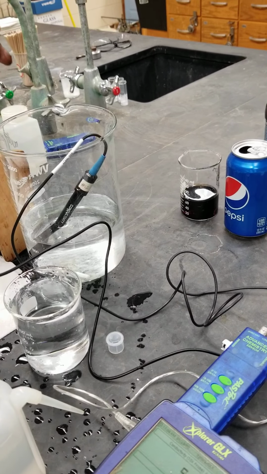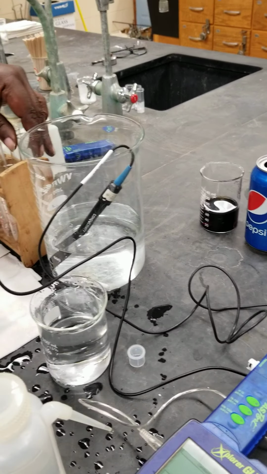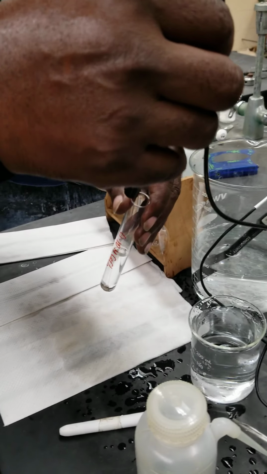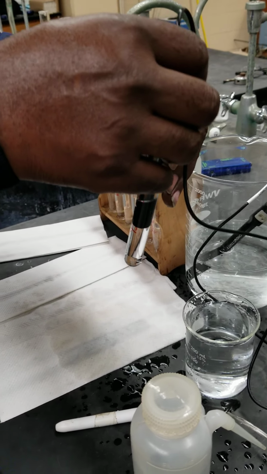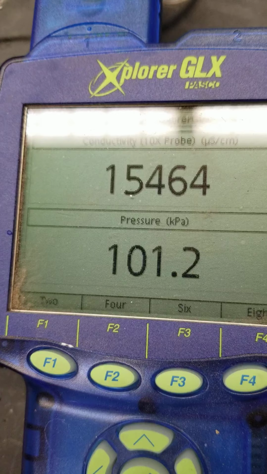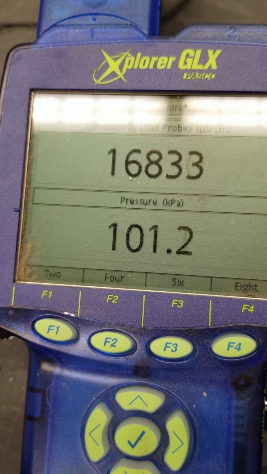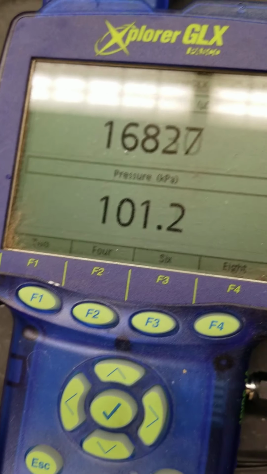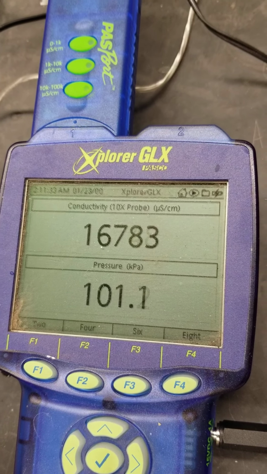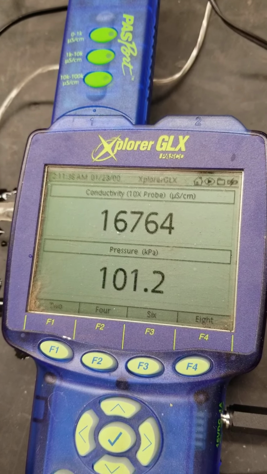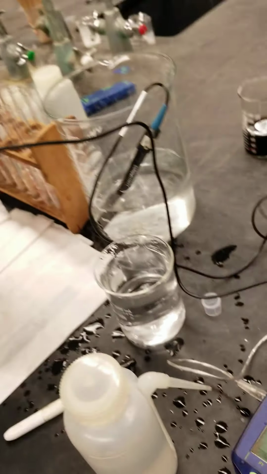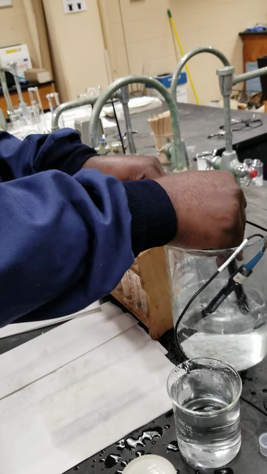All right, done with the sugar. Calcium chloride, 0.10 molar calcium chloride, CaCl2. Let's go 16,770. A few more measurements.